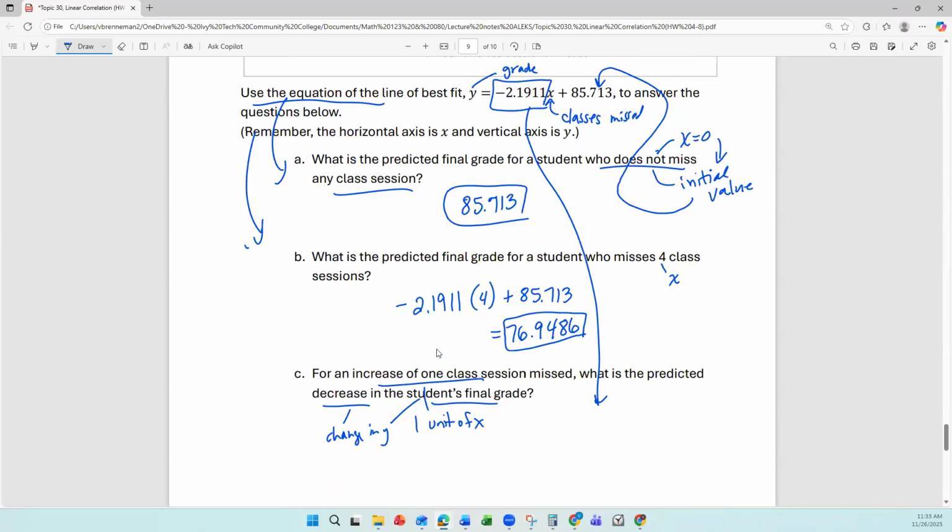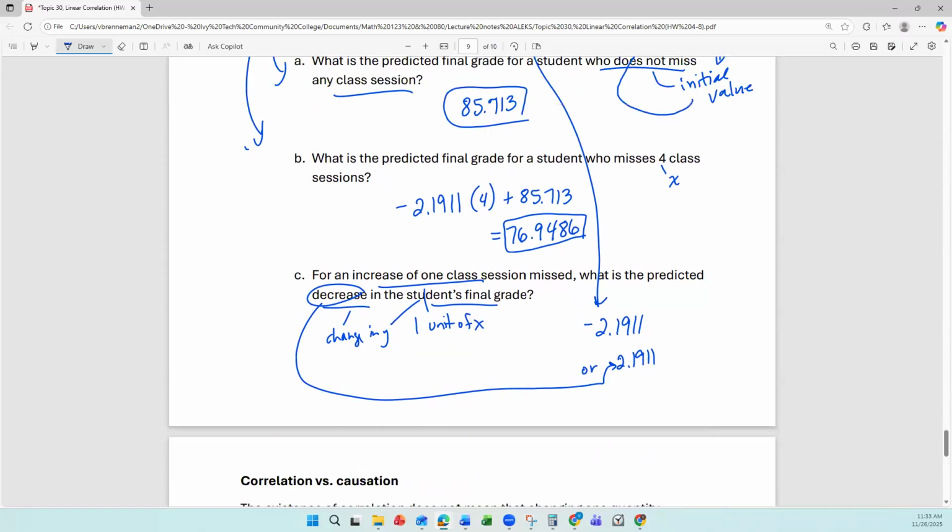And then just watch if it seems to want you to put the negative sign with it or not. Because it said decrease, I would say that takes the place of the negative sign. But if it says use a negative sign for a decrease, then use that. So that finishes that question.